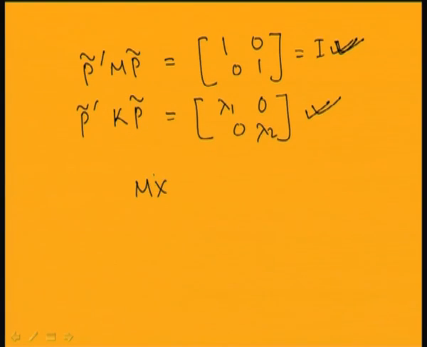So let us take this generalized equation, M x double dot plus K x equal to 0. Now substitute x equal to P y, the weighted modal matrix times y. By substituting, the equation is reduced to M P y double dot plus K P y equal to 0.